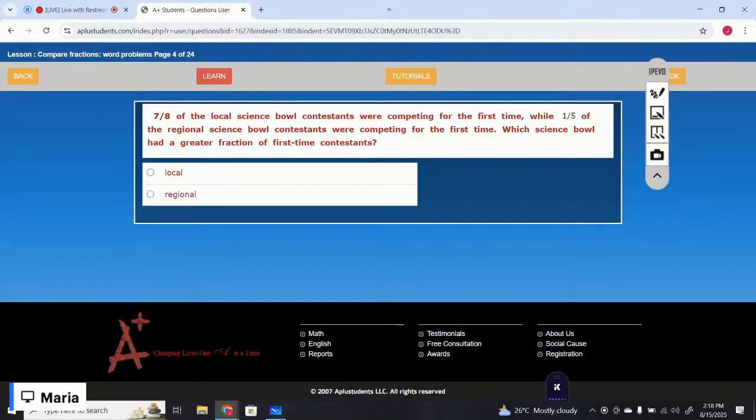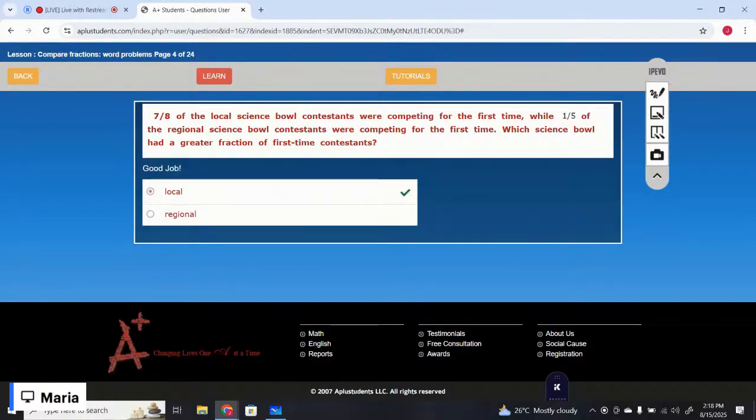7 by 8 is greater than 1 by 5, so 7 by 8 is for the local science bowl, so that is the correct option.